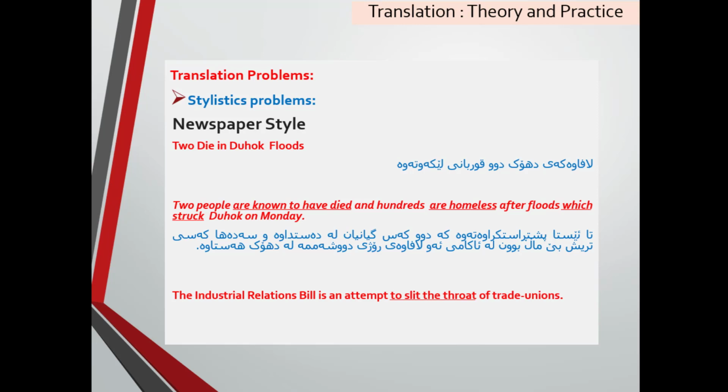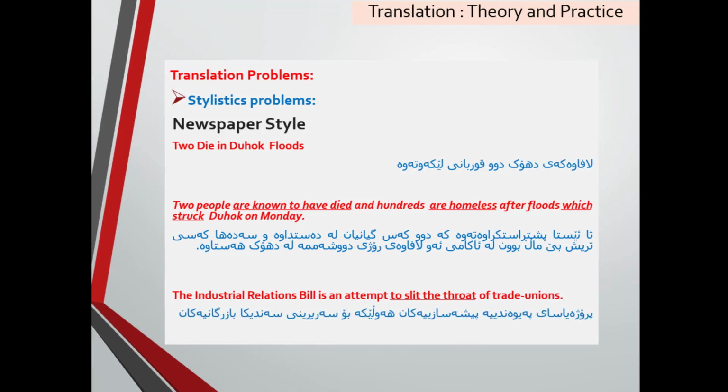So if a translator is not well informed and well acquainted with the idiomatic expressions, with the metaphorical expressions, with the different terms used in different styles, then this translator may commit several translation errors that will distort the whole target text and the whole message behind this line.